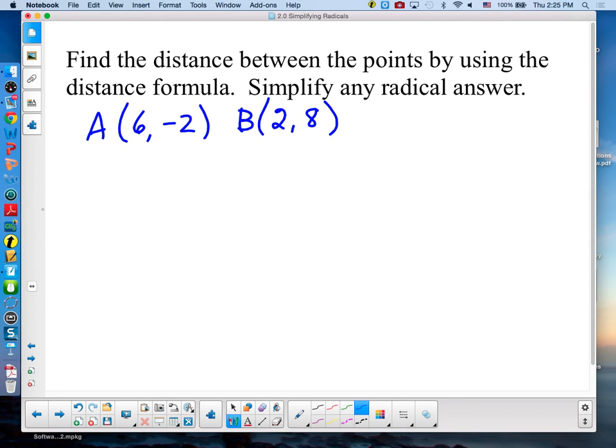I want to know the distance between them reduced in radical form. You need to write x1, y1, x2, y2 to help you keep the numbers in the right places.